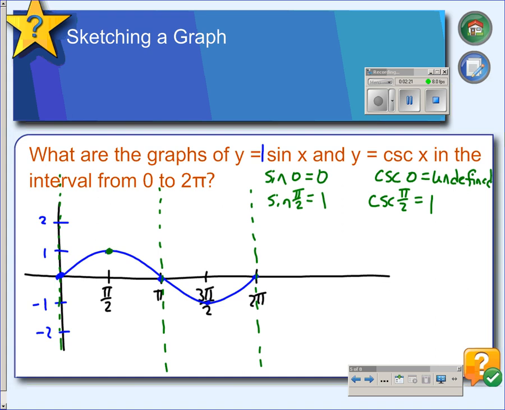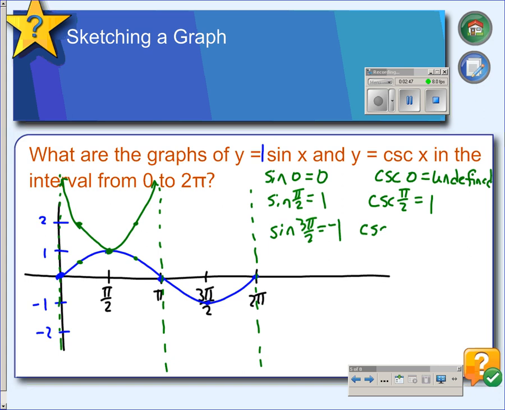So at the point here where the sine was 1/2, the reciprocal of 1/2 would be 2. Same thing over here, so that would be 2. So the graph ends up looking like this, going towards the asymptotes. And then the sine of 3 pi halves is going to equal negative 1.